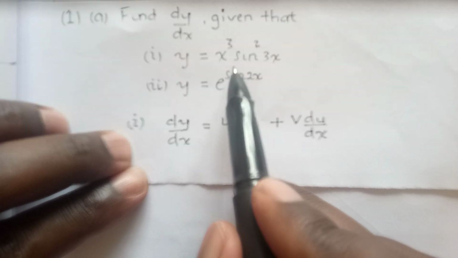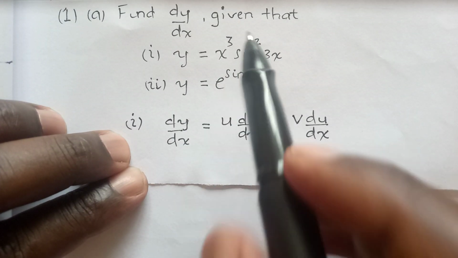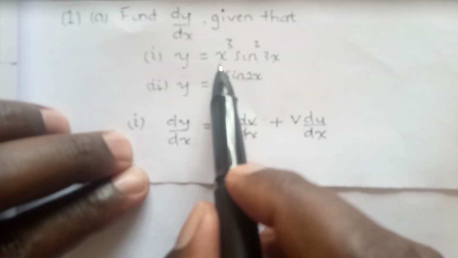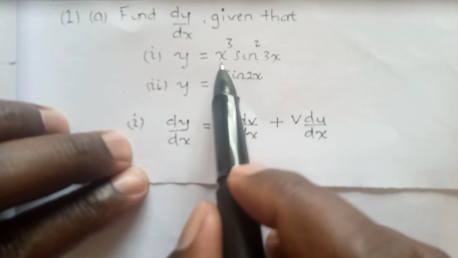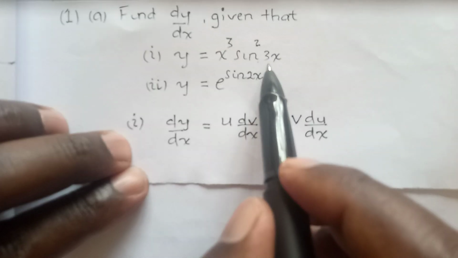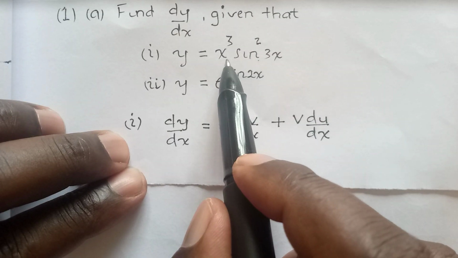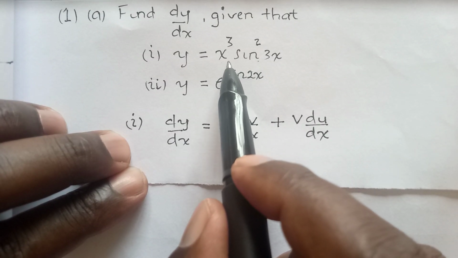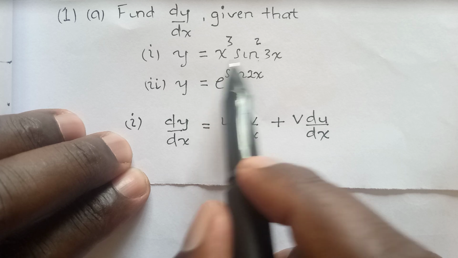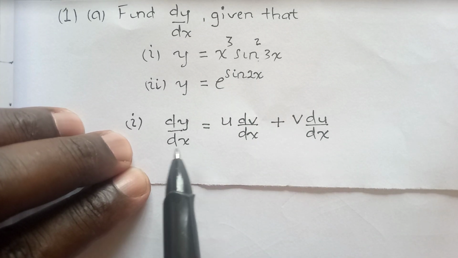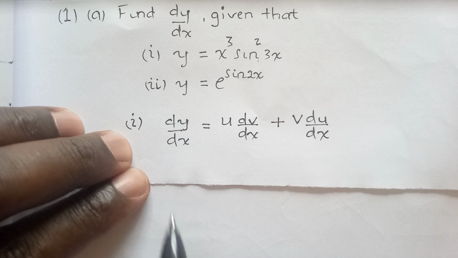You come to learn that it is the product rule when you look at the function and see the product of two functions that are not similar. For example, x cubed multiplied by sine squared 3x. That tells you that these ones are different, and so we are supposed to multiply them. By so doing, we use what we call the product rule, and the product rule is as shown.